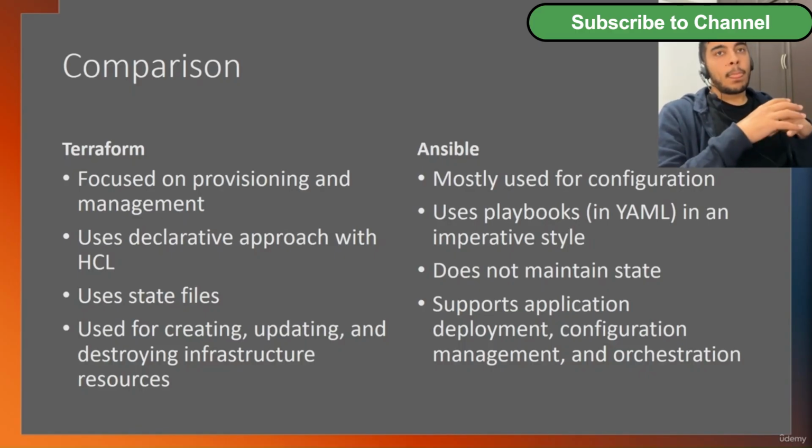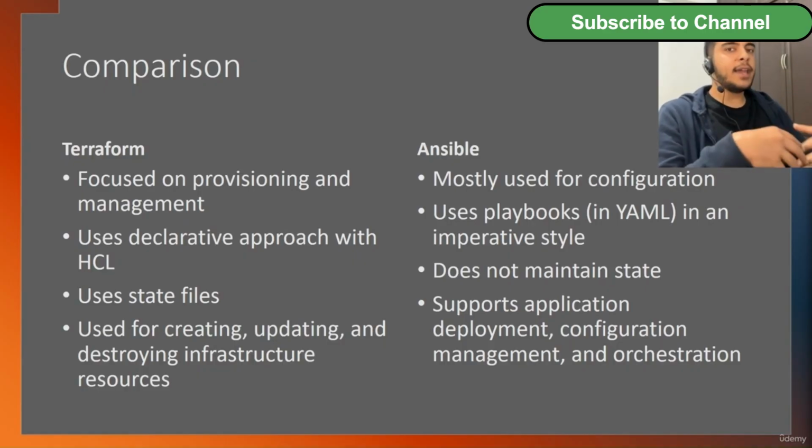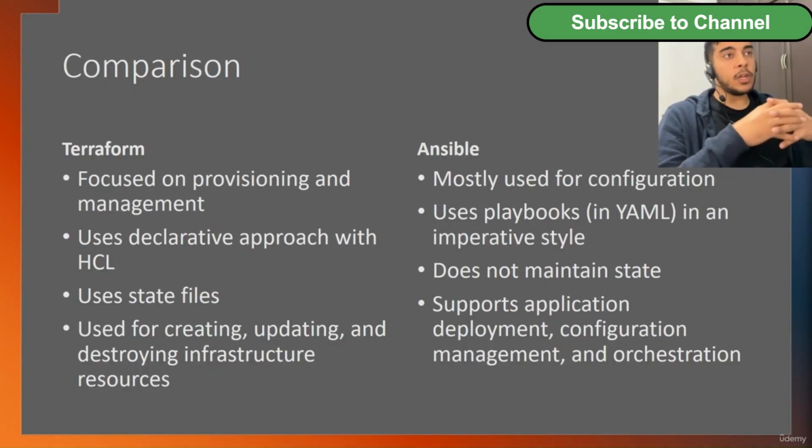Rather, we define the operation at a higher level using HCL. But with an imperative style configuration, we actually deal with the exact commands, so we have to be as detailed as possible. For example, if you want to configure OSPF, you have to provide the exact OSPF commands.